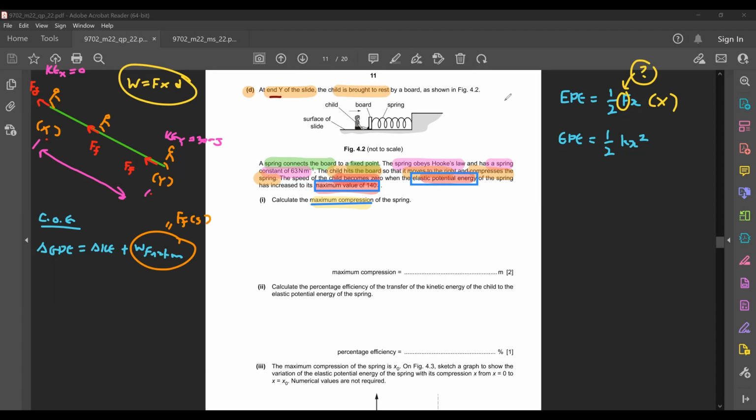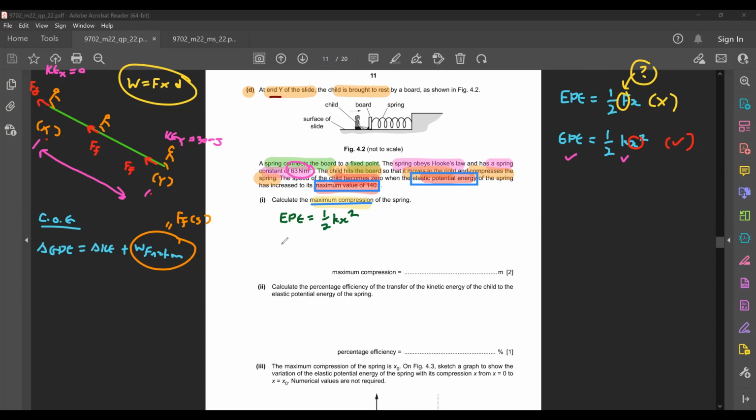But what you do know from the question is the spring constant. They've already told you that here. And you also already know what is the elastic potential energy at maximum compression. So from here, you can find out what is going to be your compression. So you will use the second equation. So if you use it right over here, you should rightly get EPE equals to half Kx squared.